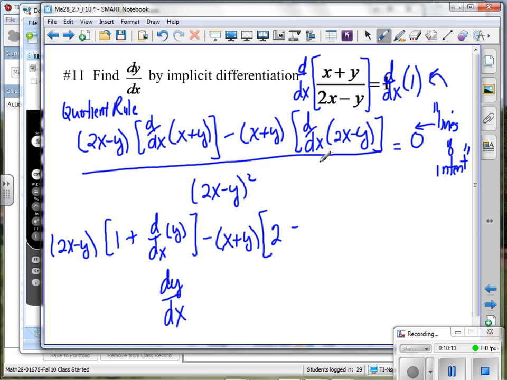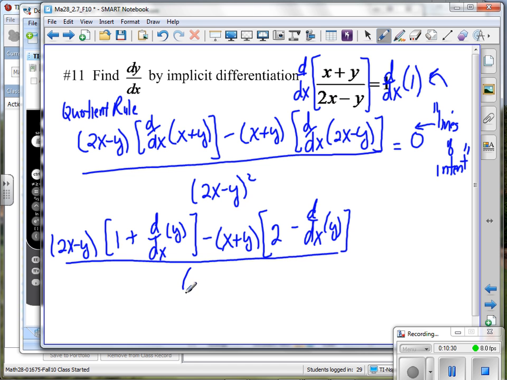No. I treat it as a separate function, and so I have the derivative with respect to x of y. Again, I could just write dy dx. Let me get this out of the way, though, because we're not done with this side. All of this divided by the quantity 2x minus y squared is equal to 0.